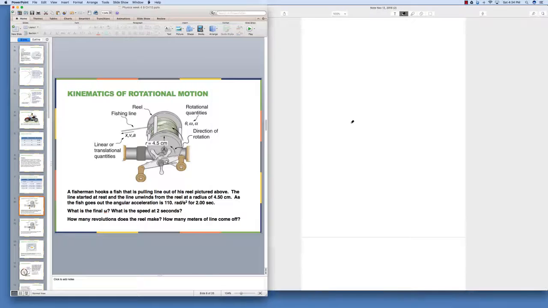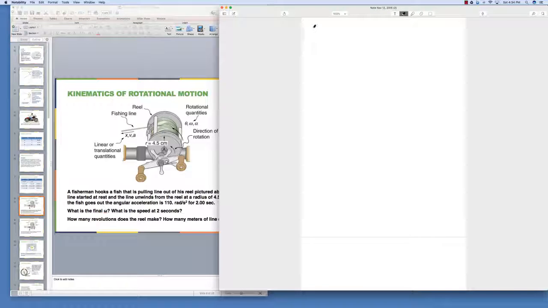So let's take a look at how we would do this. First of all, let's write down what we know. We know that r is 4.5 centimeters, or 0.045 meters. We know that alpha is 110 radians per second squared, and we know the time is 2 seconds.